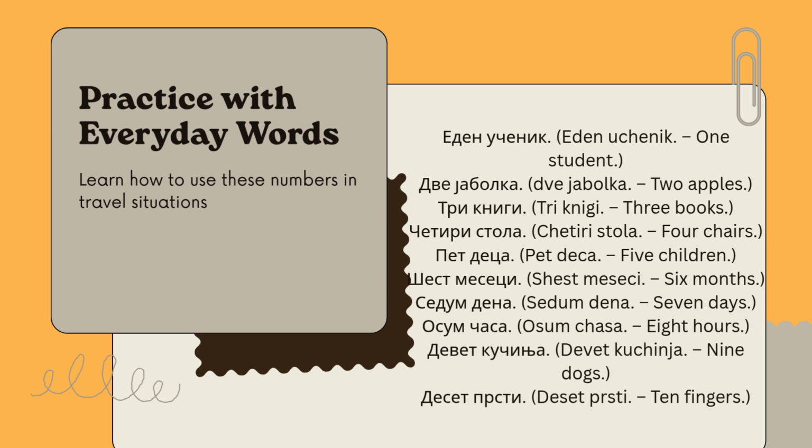Шест месеци, 6 months. Седум дена, 7 days. Осум часа, 8 hours. Девет кучиња, 9 dogs. And десет прсти, 10 fingers.